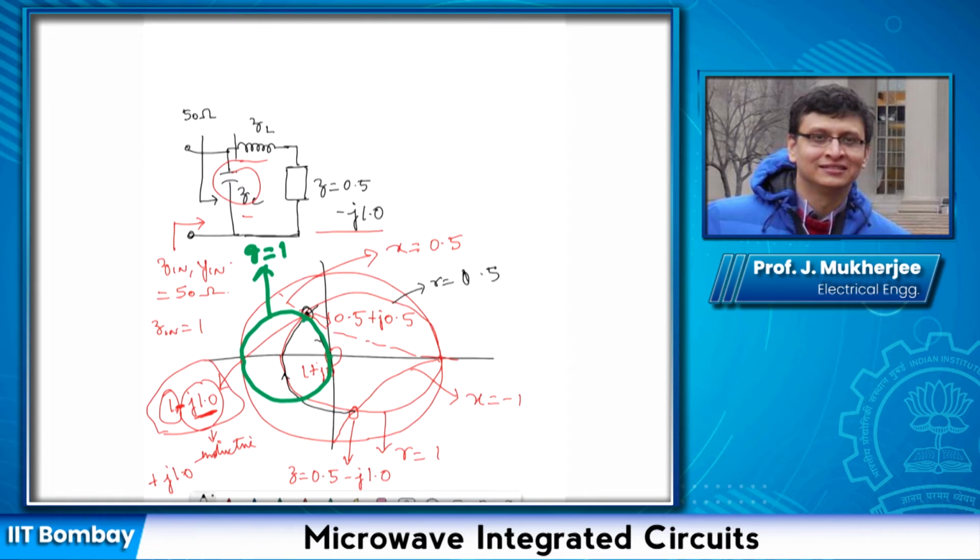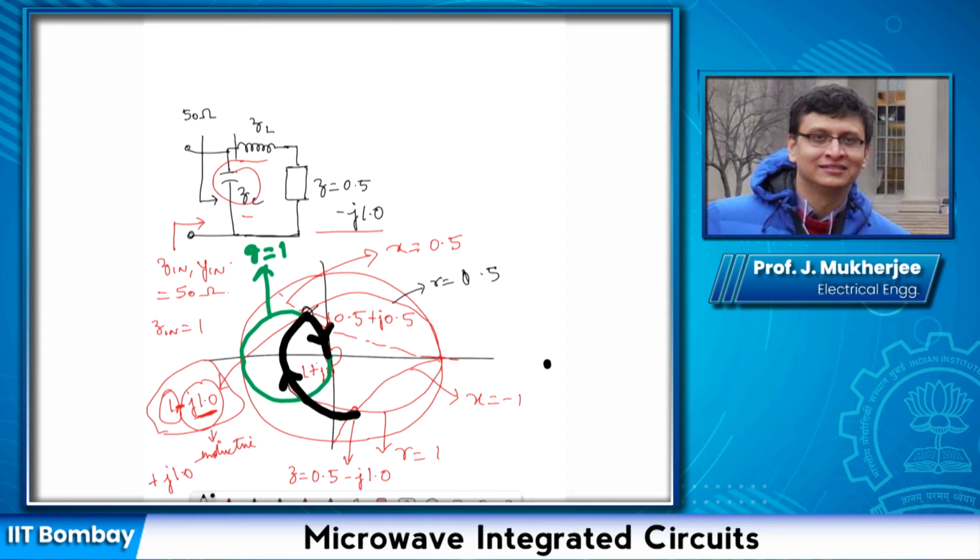Okay, is that clear? The path that is followed is like this from here and then like this. Okay, so this is how we can design the impedance matching network.